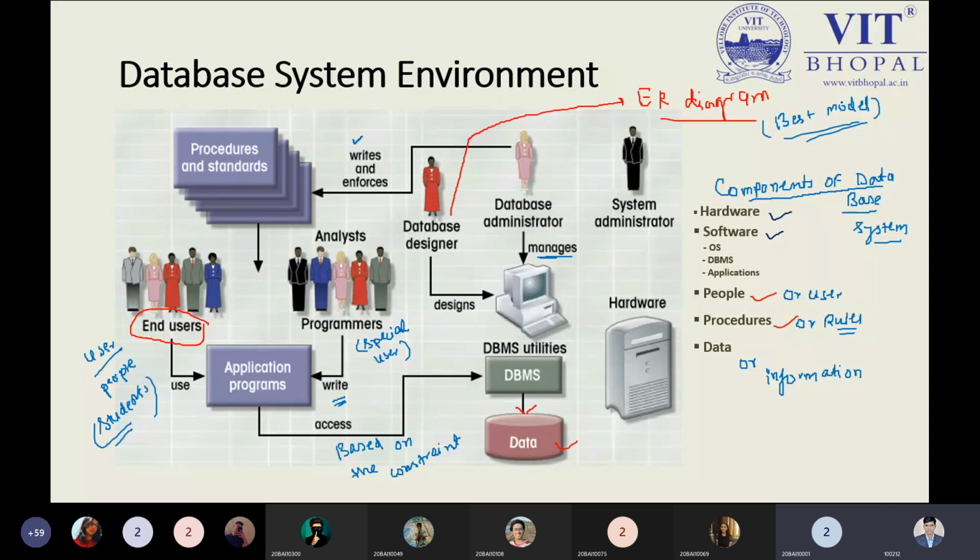Yes, of course. This is just a diagram or an environment which shows that database designer is itself a post in industry, where the database designer will design the database in a graphical tool and pass it on to the database analyst. The database analyst will analyze the database designed by the database designer.